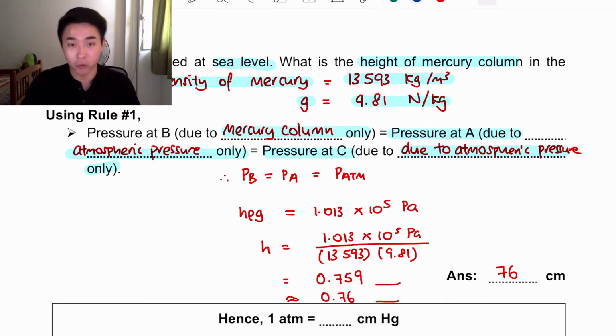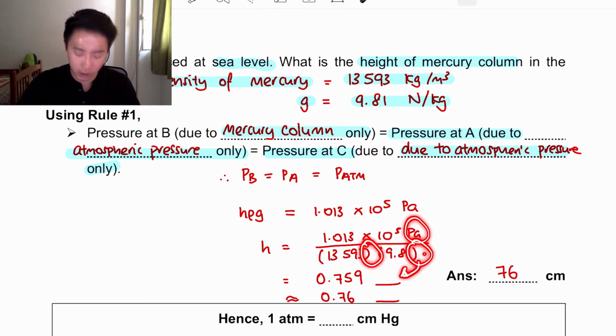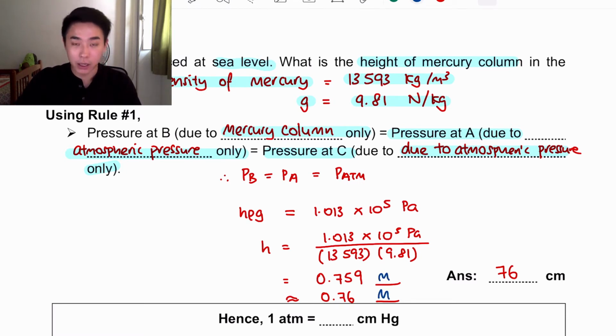Here I've left out the units. What do you think the unit should be? Well, all along we have been using SI units, pascals, kg per meter cube, newton per kg, so the final answer we get must be in SI units as well. So the SI unit for height or length in general will be meters. Rounding to 2 SF, it is 0.76 meters, and this is equivalent to 76 cm.